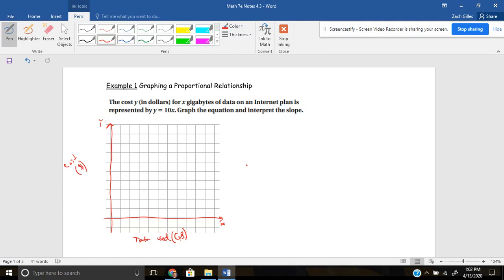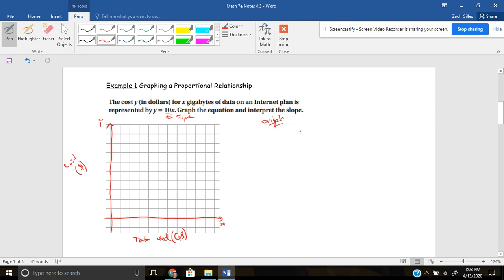It wants us to use the equation y equals 10x to graph it and interpret the slope. Okay, so the equation shows that our slope, the number that's in front of x, remember they called this m in the key idea, is our slope. And we know, since it shows direct variation, that it also has to pass through the origin.